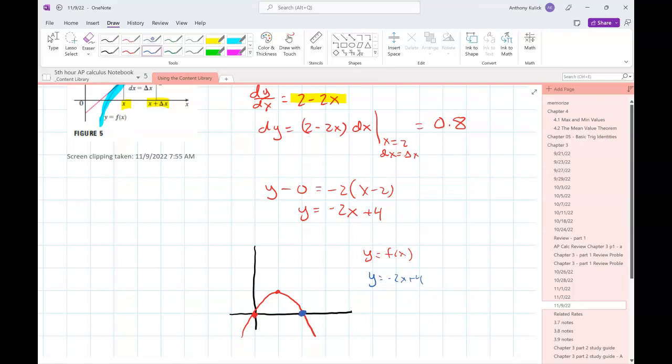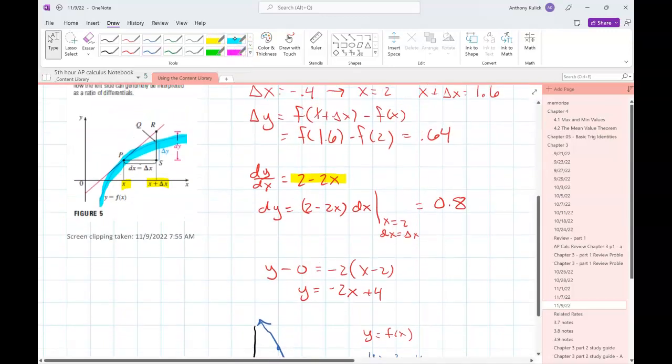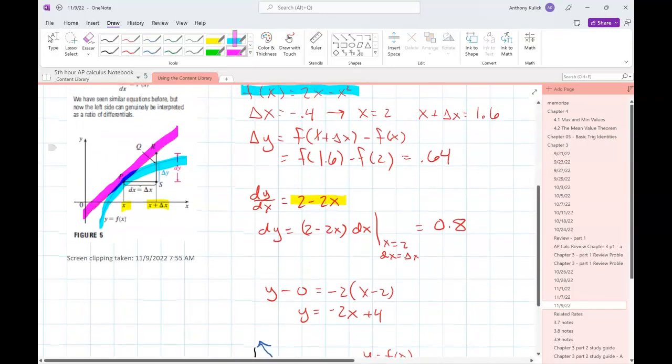And if I plug, say, 1 in for x, I get -2 plus 4, so that would be 2. So there is my tangent line. That's this purple line.